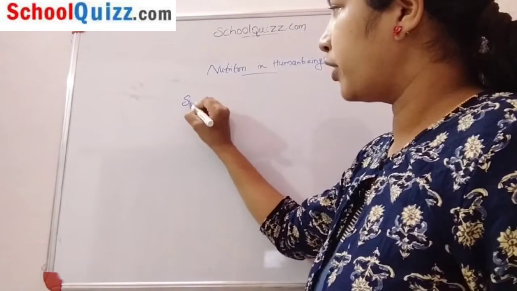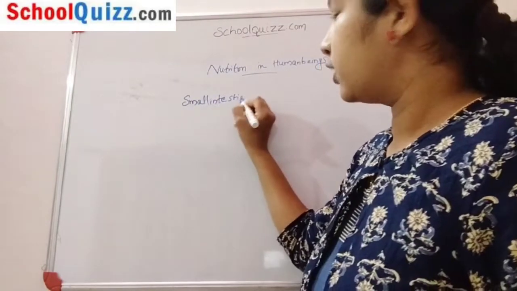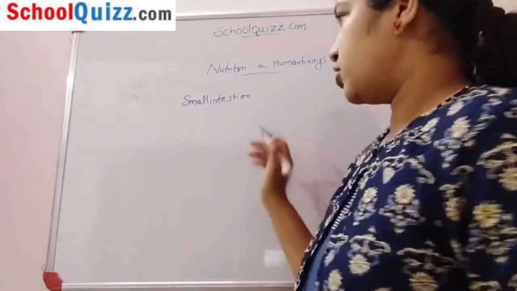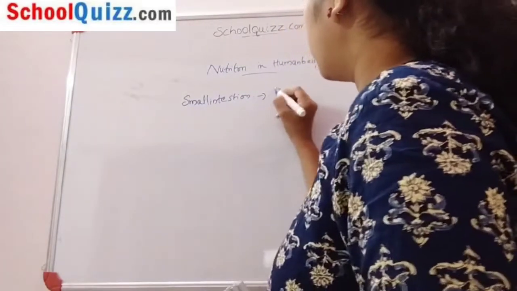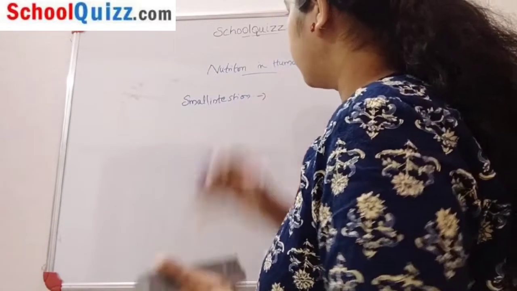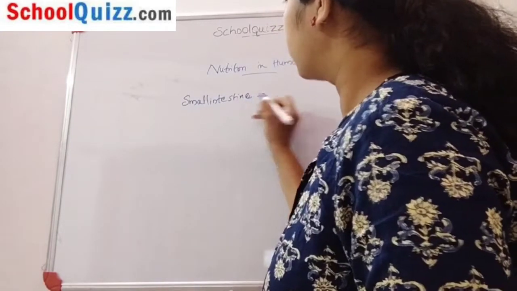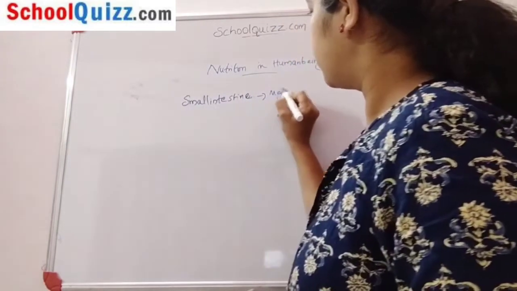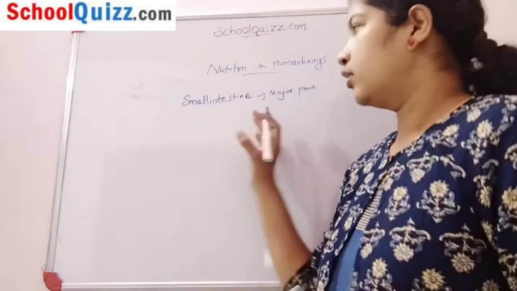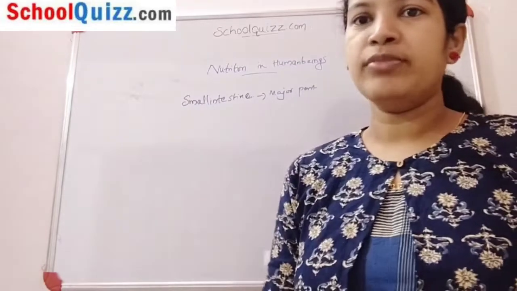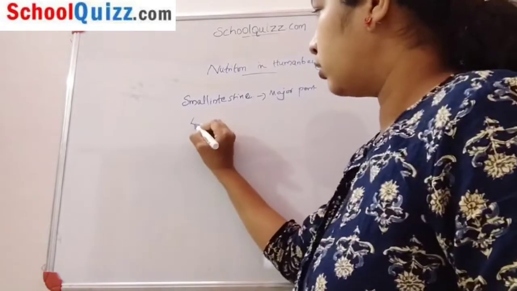Here is the small intestine. The major part of digestion occurs in the small intestine. Digestive enzymes from different organs reach it, so we can look at them one by one. First the liver.